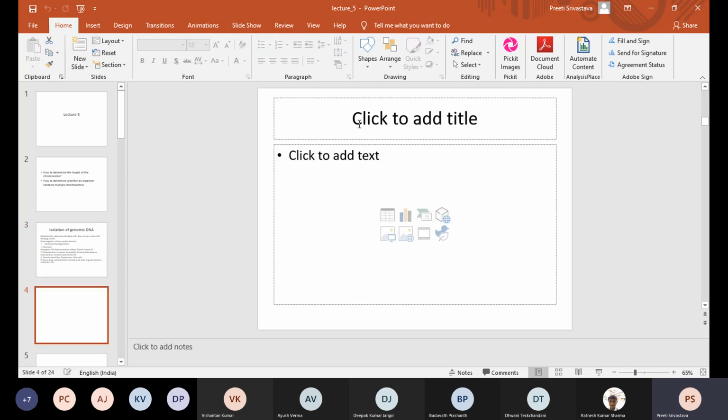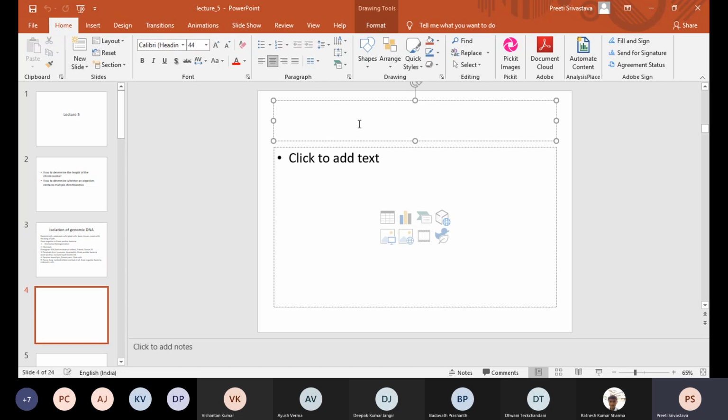Let us discuss the methods used for the isolation of genomic DNA from gram negative and gram positive bacteria.